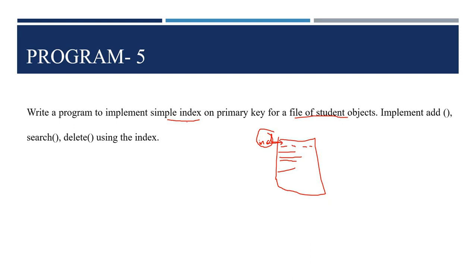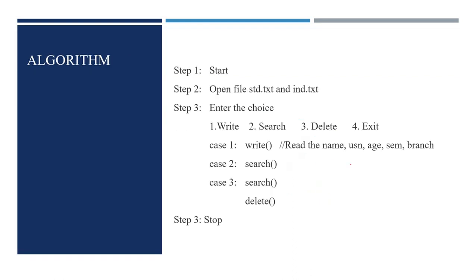That means a simple index concept is implemented on a primary key file which consists of the student data, which can be performed with operations like adding a record, searching a particular record, as well as deleting an element from the file. So let us see the algorithm.